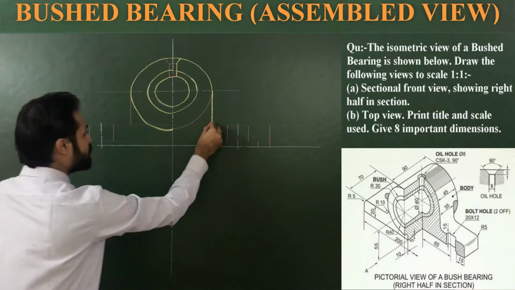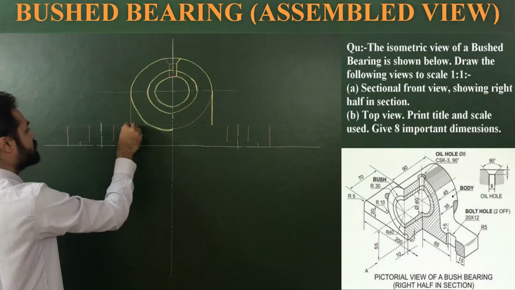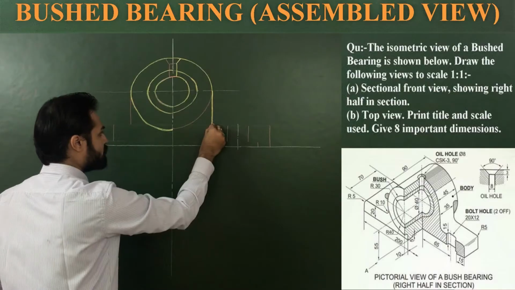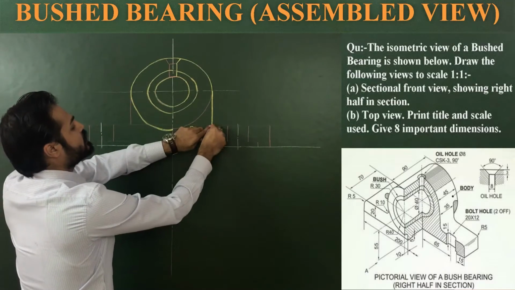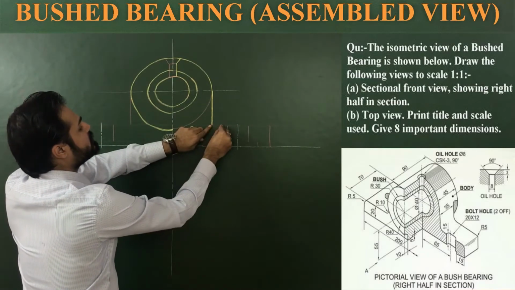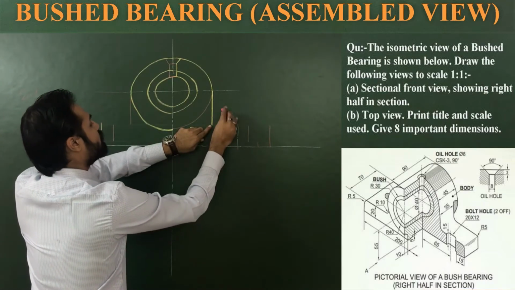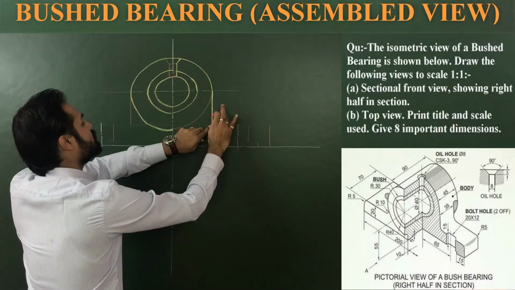So in this corner, in this corner, and then in this corner we have fillet of radius 10. See, R10. R10 means fillet of radius 10. So how to make fillets? From this point, R is 10, so vertically 10, horizontally 10. Then from these 2 points draw lines parallel to or perpendicular to these 2 base sides.